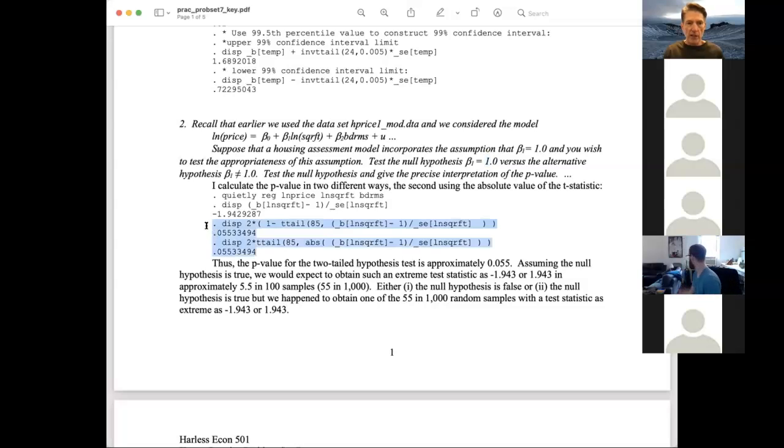The only thing that's not straightforward in it, of course, is that we end up getting a p-value of 0.055. This is one of those situations that's not going to be on a graded problem set or on a final exam, but it's worth thinking about the judgment involved.